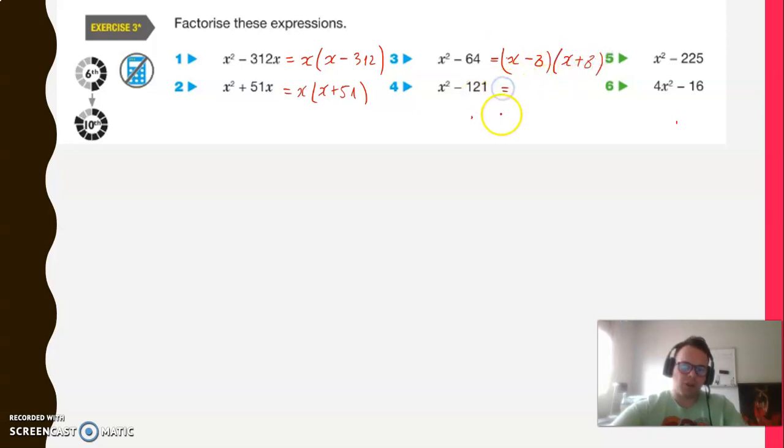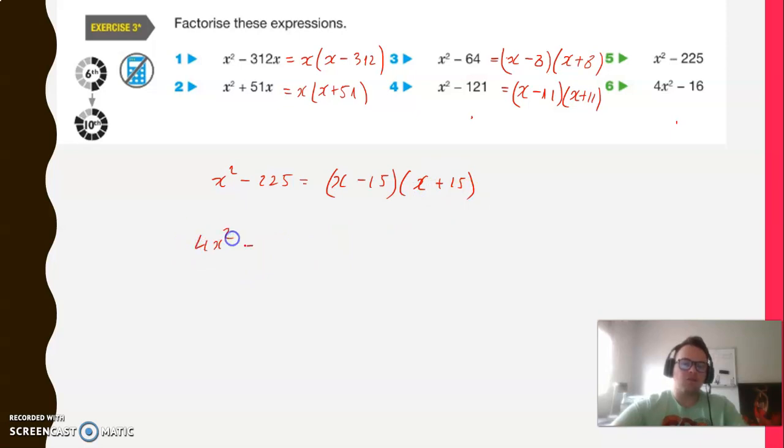And 121, if you know your times tables, which I'm pretty sure you do, it's 11 squared, so that's x minus 11, x plus 11. 225 is 15 squared, so x minus 15 times x plus 15.